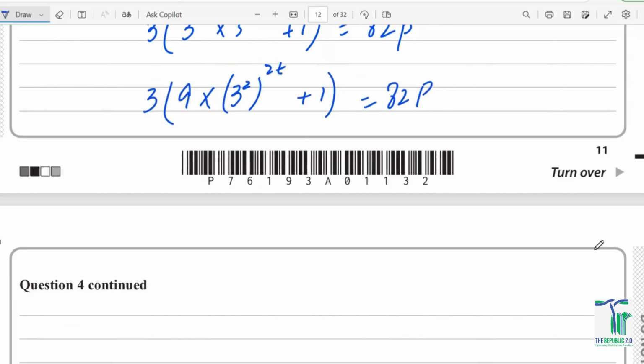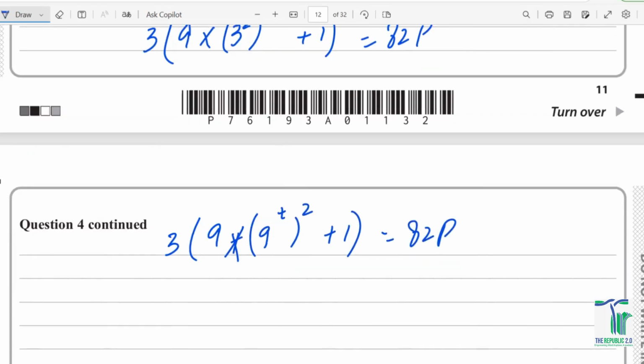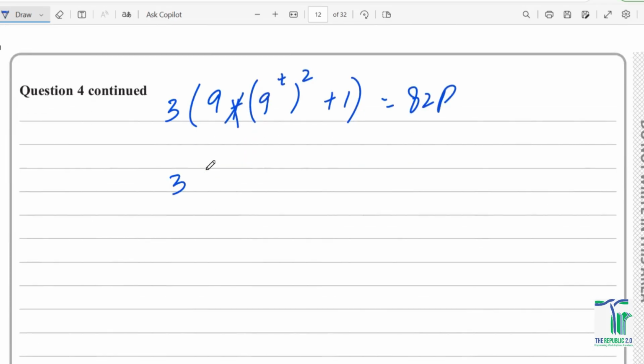Now I'm just going to keep the 3 as it is, times 9, because 3 squared is 9. I can split the power 2t as 9^t to the power of 2, plus 1, equals 82p. Now I'm just going to split it down, and I would be having 3 times 9^t is p squared.